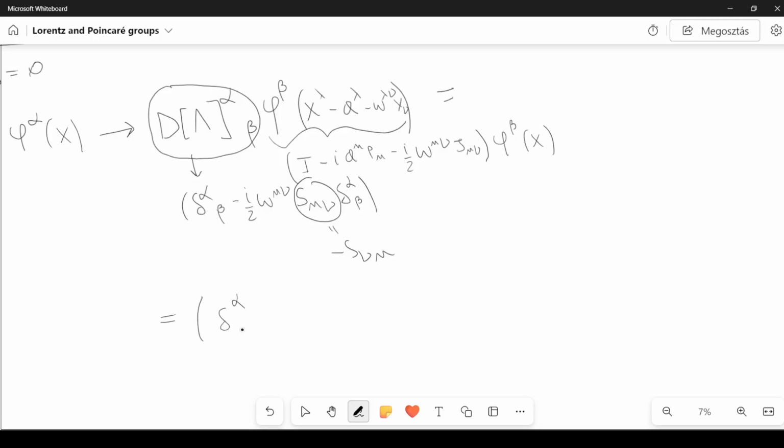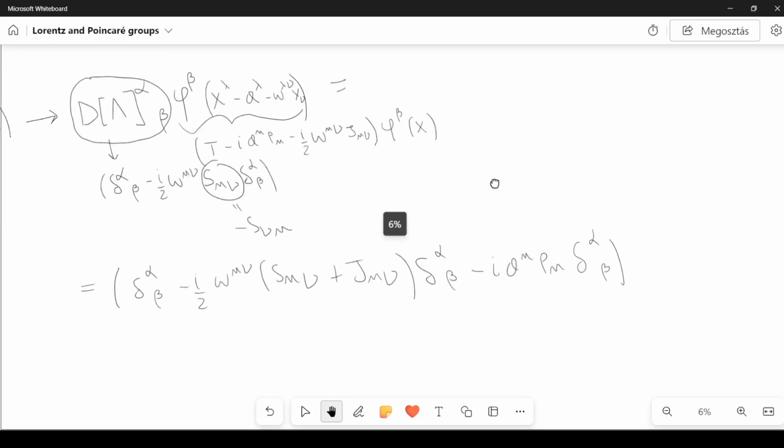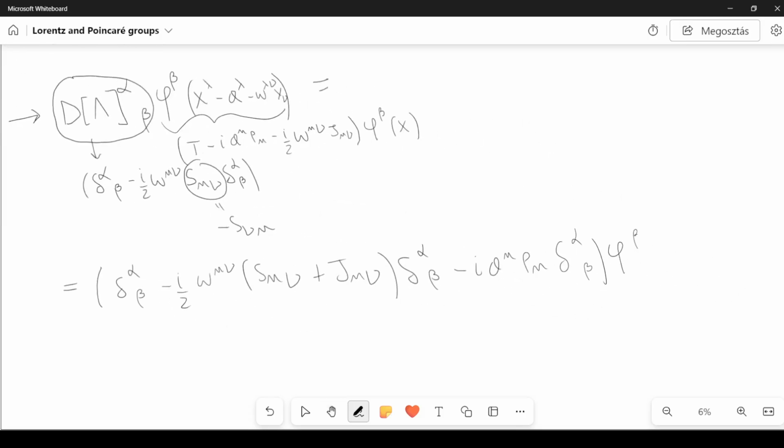You have delta alpha beta minus i over 2 omega mu nu. Then you have S mu nu plus J mu nu. This multiplies delta alpha beta, and then you also have minus i a mu P mu delta alpha beta, and this multiplies phi beta of x.